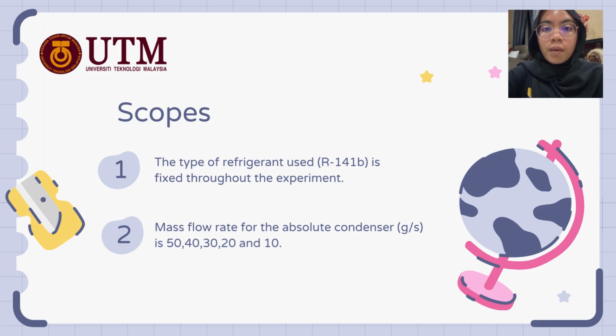The type of refrigerant used is constant, which is R141B, and the mass flow rate for the absolute condenser is between 50 to 10. So we use 50, 40, 30, 20, and lastly 10.